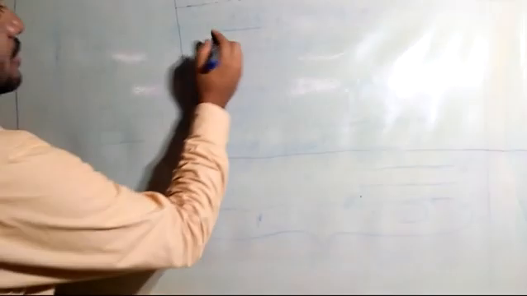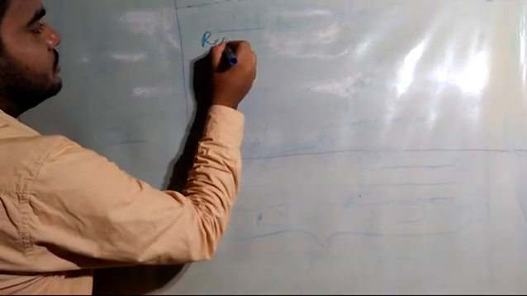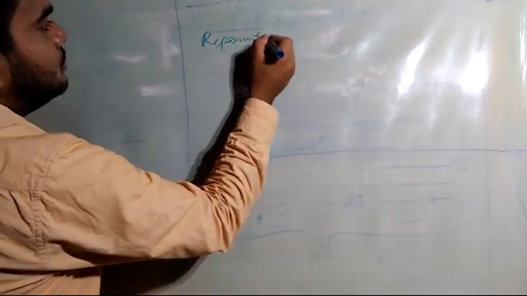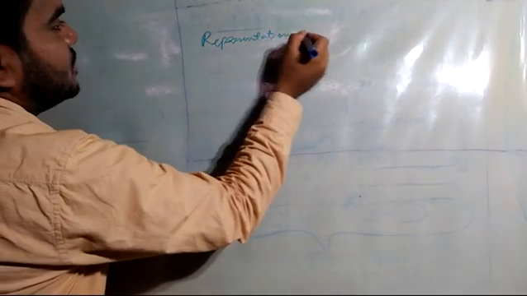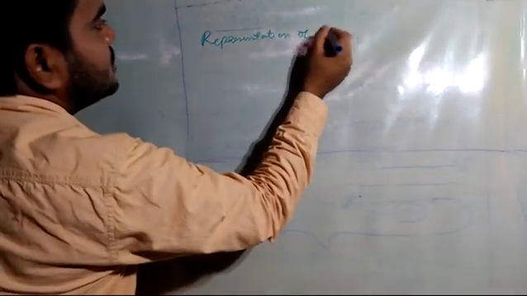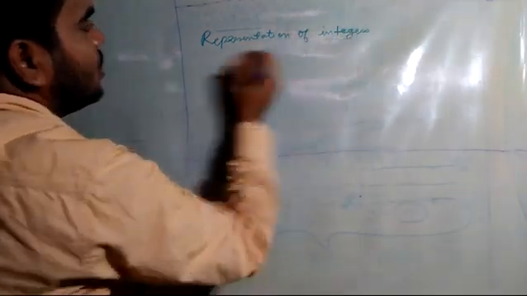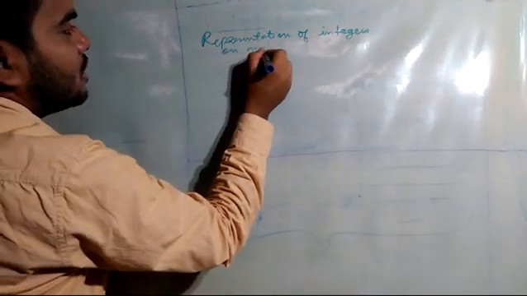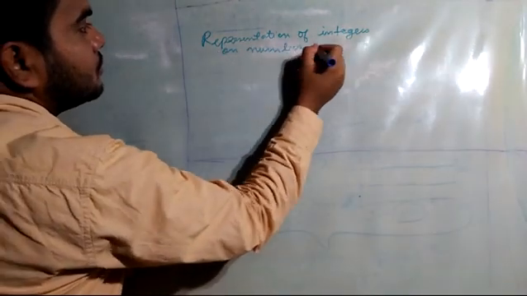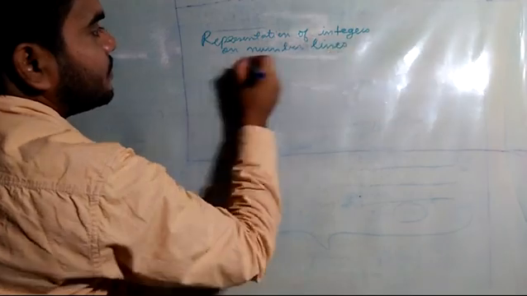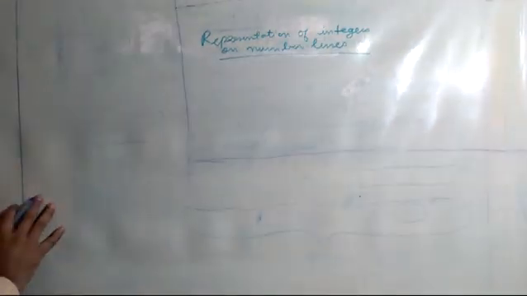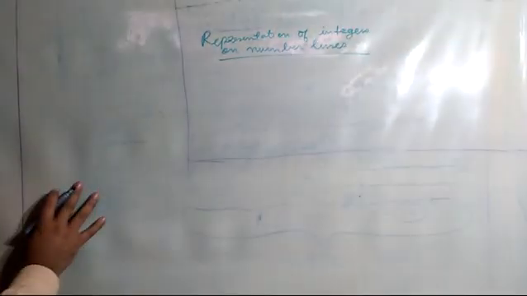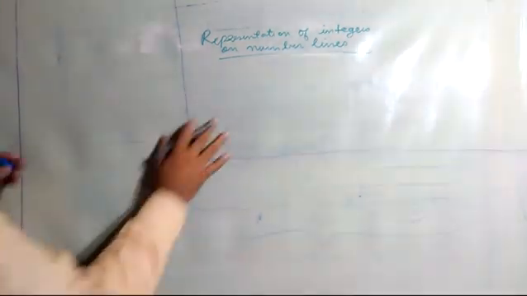Now we will see representation of integers on a number line. So how do we represent any integer on a number line?